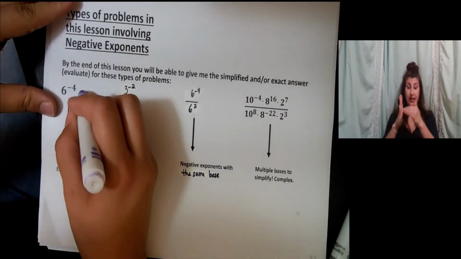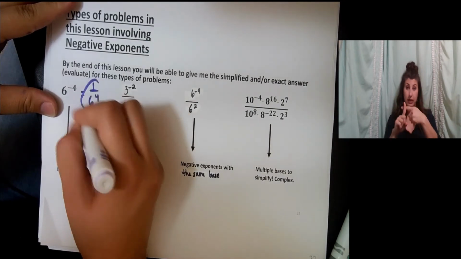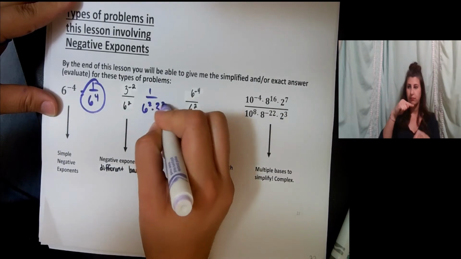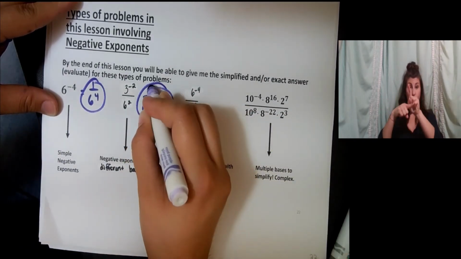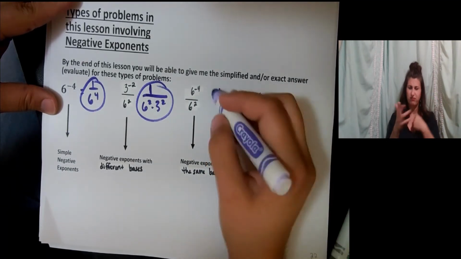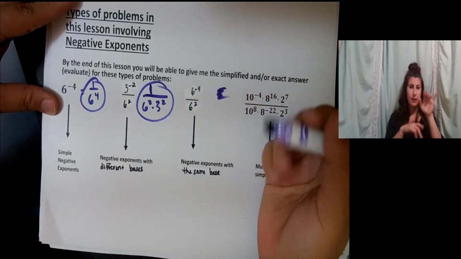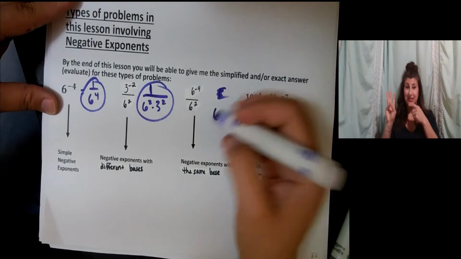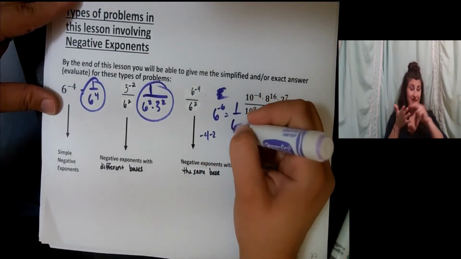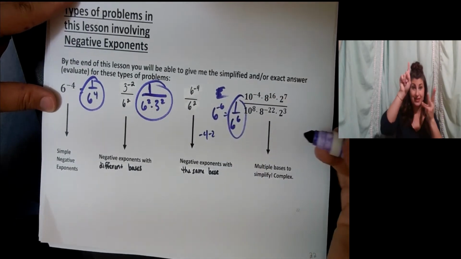If I want to make it a positive exponent, I flip it. Here, this will go at the bottom, and that's 1 over that. Here, these are the same bases, so I can say 6 to the negative 4 minus 2, which is negative 6, which is 1 over 6 to the 6th power.